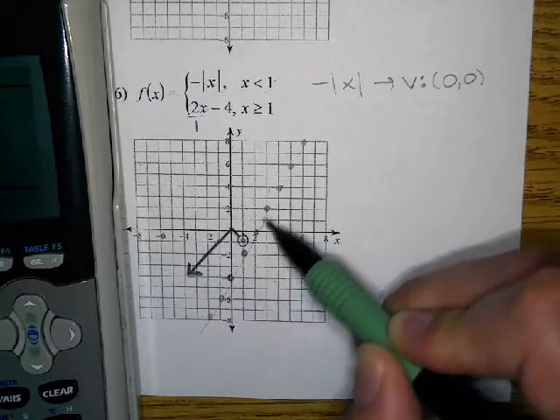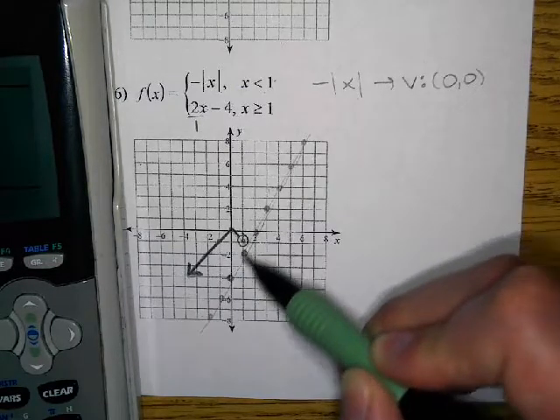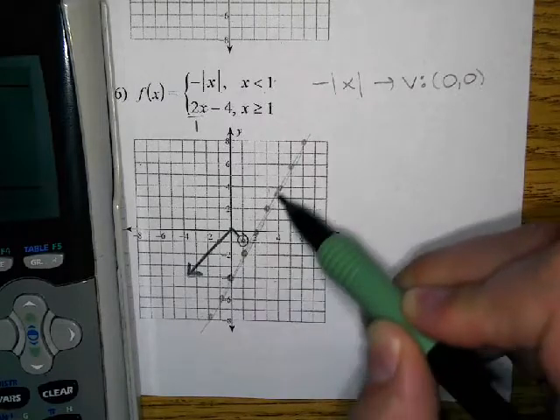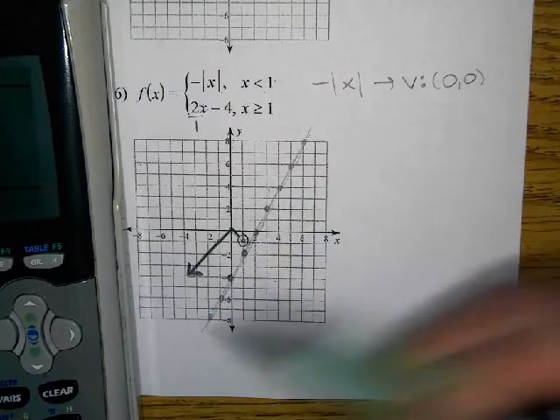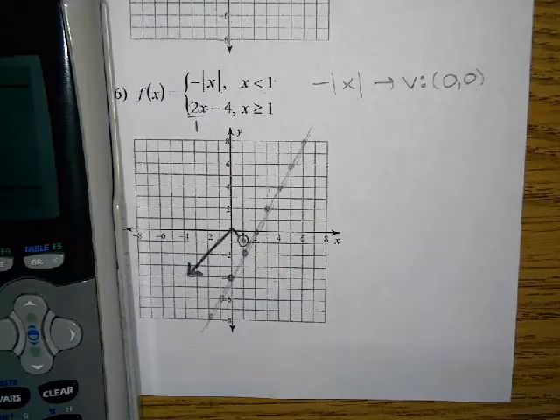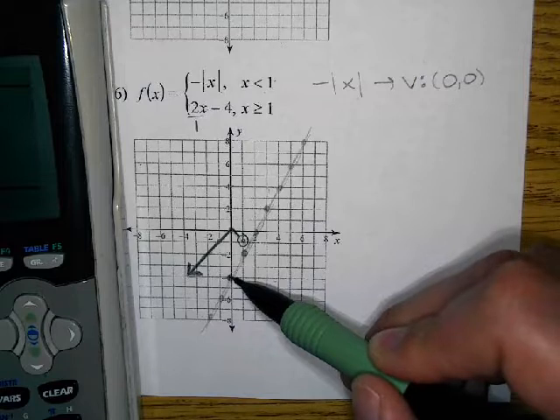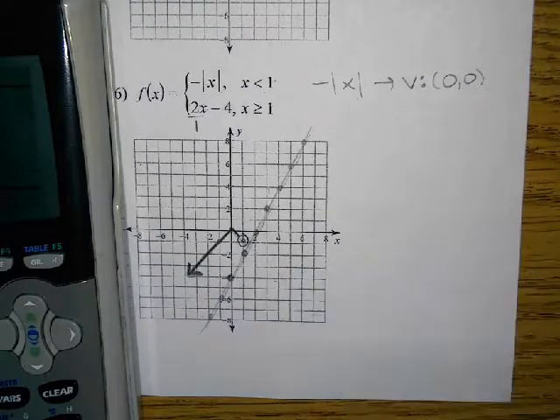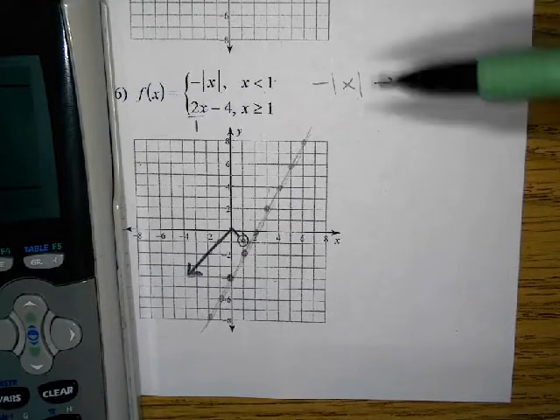Okay. I started at negative 4. So now what do I do? I circle 1.